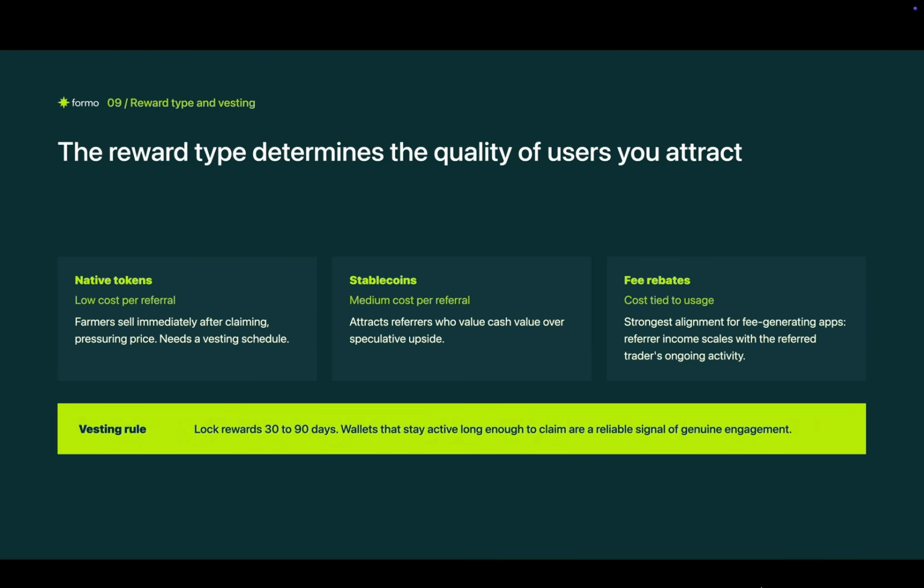If you distribute everything immediately, you maximize participation, but you also maximize the incentive to farm. Locking rewards for 30 to 90 days introduces another qualification layer. A wallet that stays active long enough to receive its locked reward provides a much stronger signal of real engagement than a wallet that disappears immediately after the first transaction.